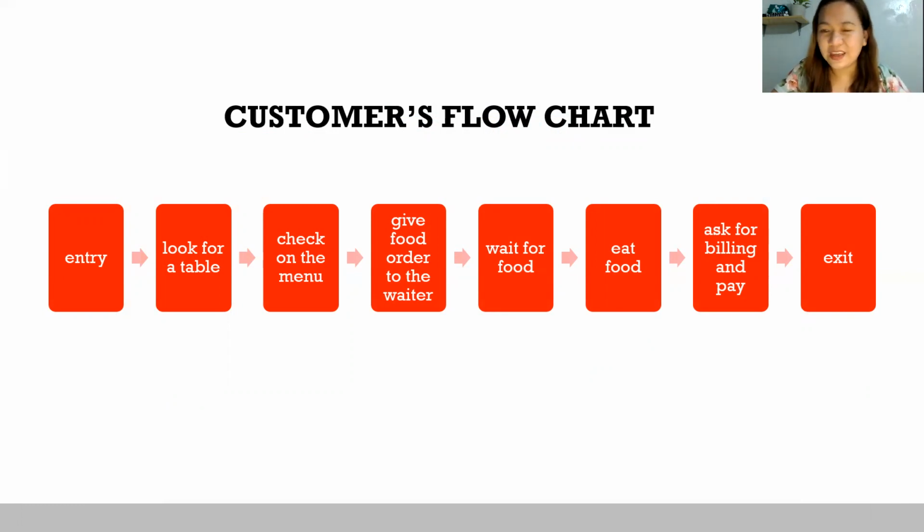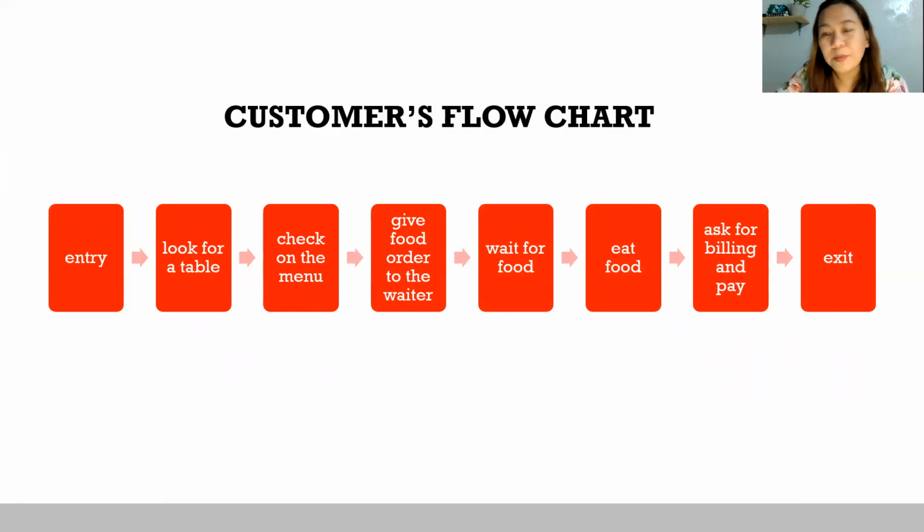Lalo na yung sobrang ingay. Ayoko nang may mga maiingay. So, I would look for a location na malayo dun sa mga long tables o yung maraming upuan and then nasa corner. So, if ganun yung type ng customer natin, and then, I will check on the menu kung ano bang oorderin ko. Sometimes naman pag suki ka na, alam mo na agad kung anong order mo, especially if you're craving for something.